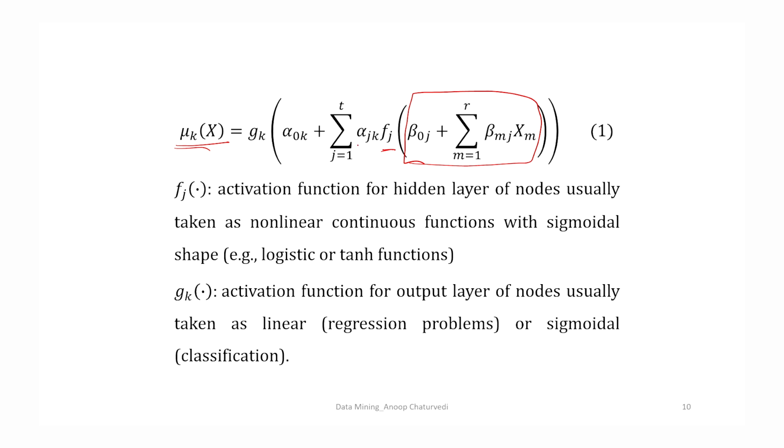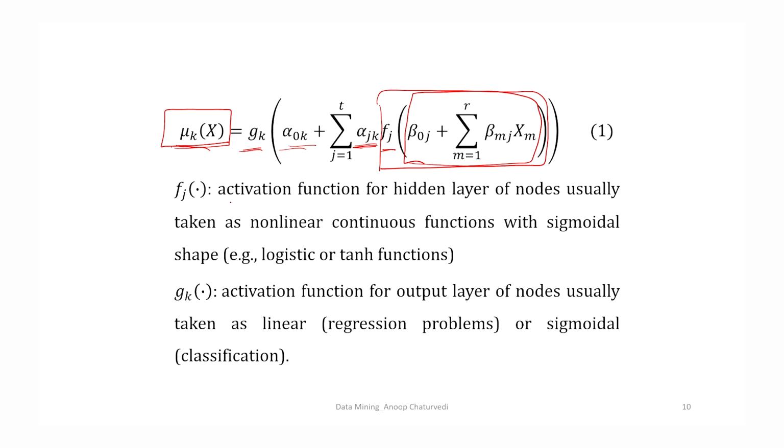Further, these are the values which we get in the hidden layer, and then we combine these values of the hidden layer using these weights, and then we apply this activation function, and finally, you get mu k x.